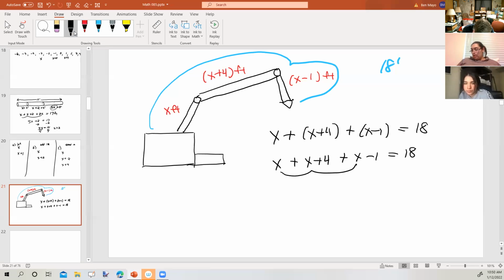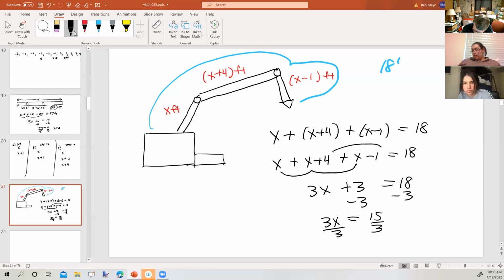Combining like terms, x plus x is 3x. 4 minus 1 is 3. So 3x plus 3 equals 18. Solving for x, subtract 3 from both sides. 3x equals 15. Divide both sides by 3, x equals 5, and that would be feet.